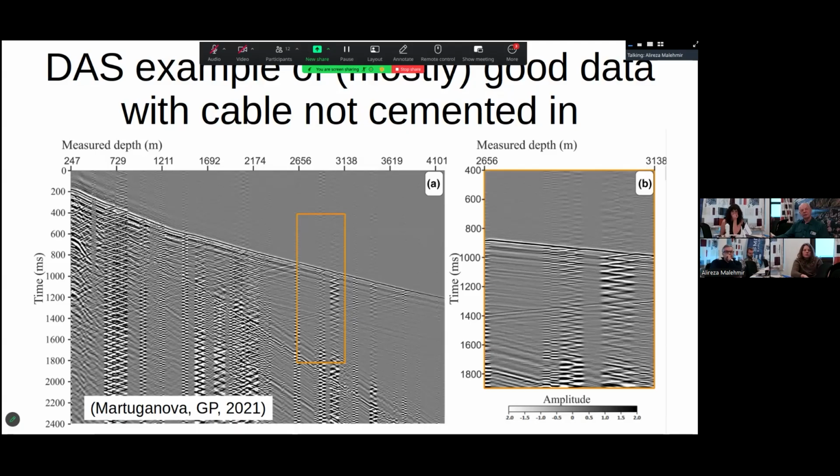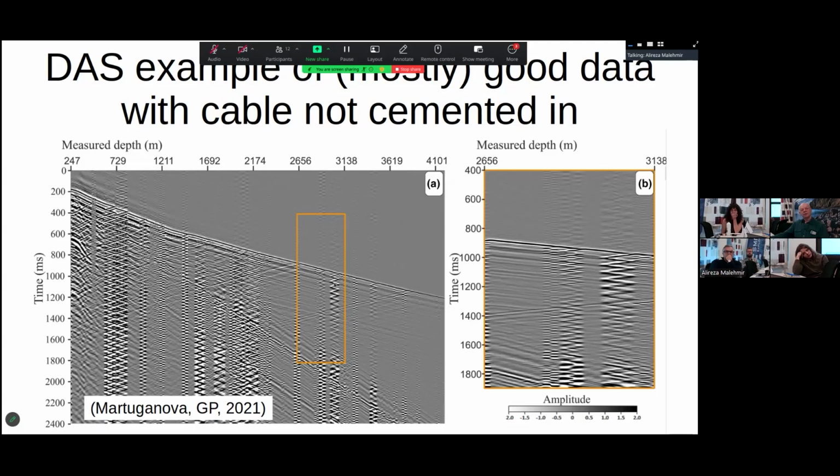The cable is in contact with the bottom of the borehole, since the borehole is deviated, and here they get better coupling than what we've had in our vertical boreholes. But you see there are zones where there's a lot of noise coming in and waves appearing to bounce up and down within some region here. And this is a zoom of this region.